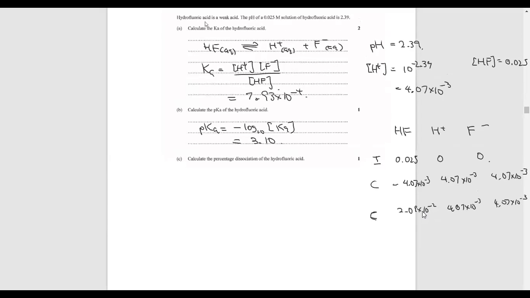Now it asks you to calculate the percentage dissociation of the hydrofluoric acid. Now, we know the amount, right? Like if it dissociated 100%, then this would go to 0 and this would go up.